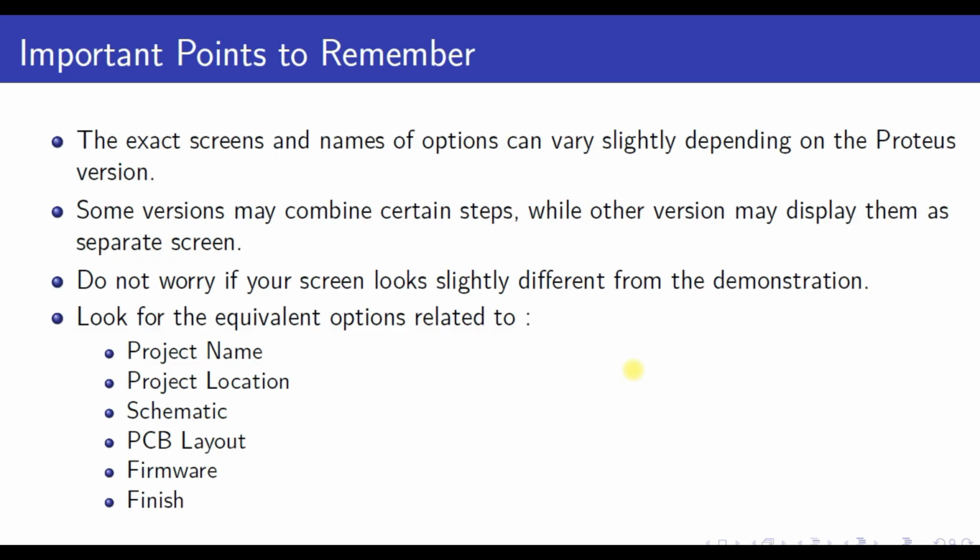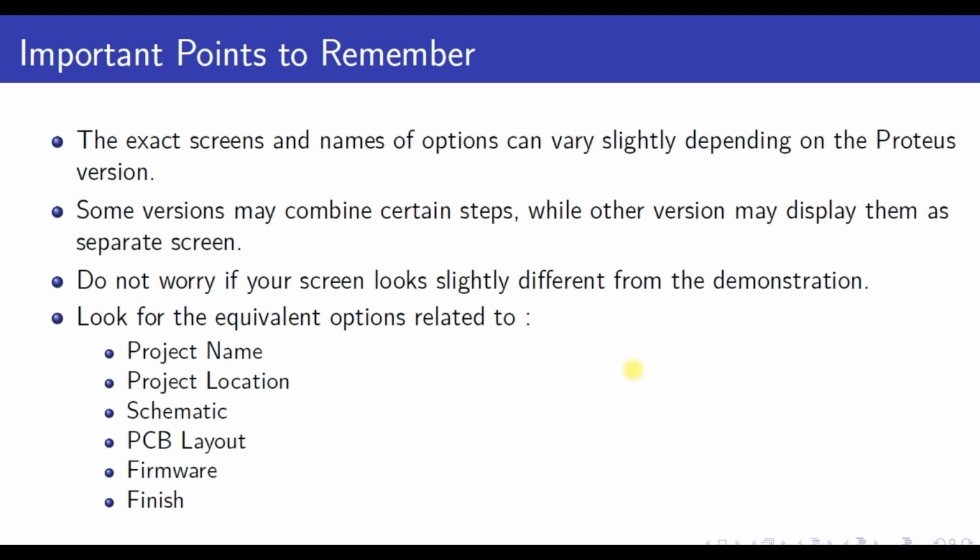Look for the equivalent options related to the project name, project location, schematic, PCB layout, firmware, and click on Finish. The overall project creation workflow remains very similar. Also remember that creating a project does not require us to immediately design a circuit. We can create the project first and begin the actual schematic design afterwards.